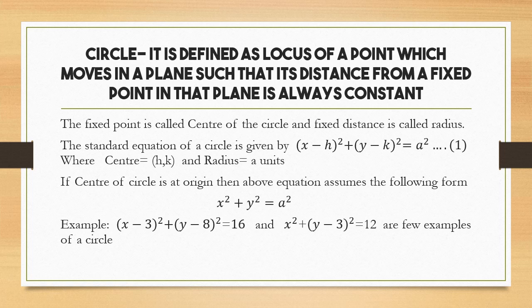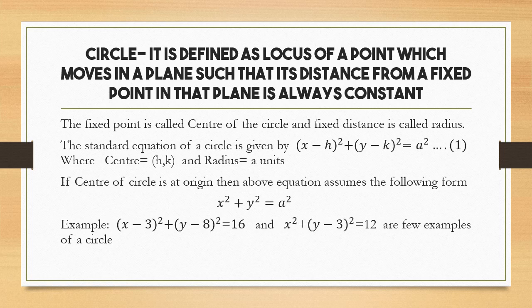In this expression, along with x and y, we have h and k as well as a. So what do h and k indicate? (h, k) is nothing but the center of this particular circle and the radius is a units.